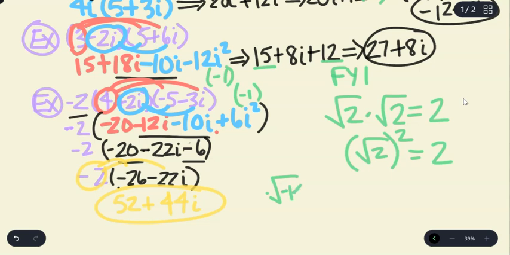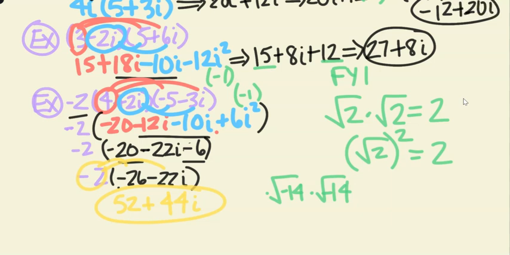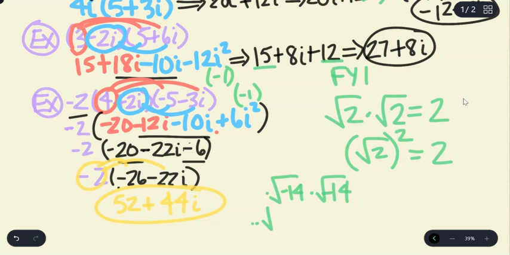What if I have the square root of negative 14 times the square root of negative 14? Well, what can I break the square root of negative 14 into? I can make it the square root of negative 1 times the square root of 14 times the square root of negative 1 times the square root of 14.